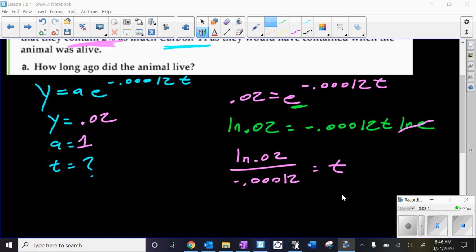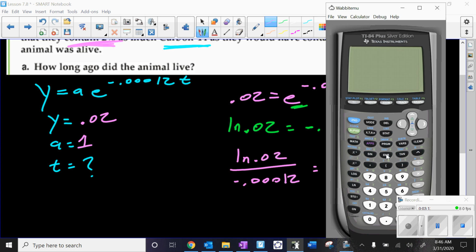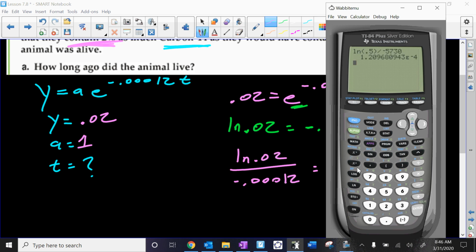Take out your calculators, and we'll plug this in. Natural log of 0.02 divided by negative 0.00012.